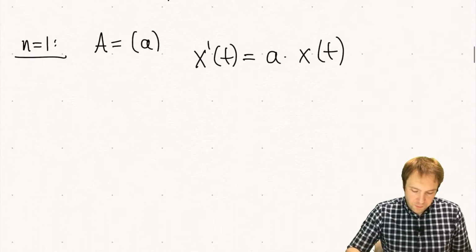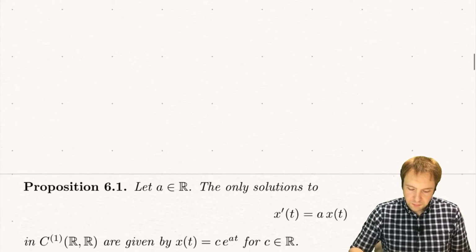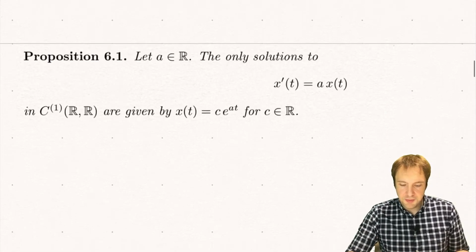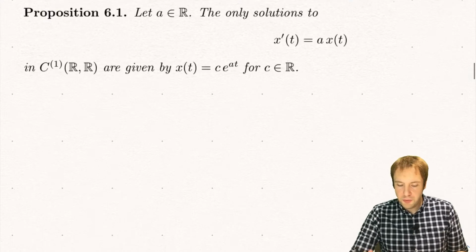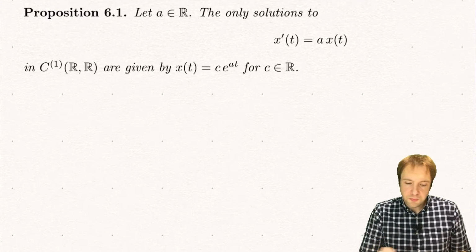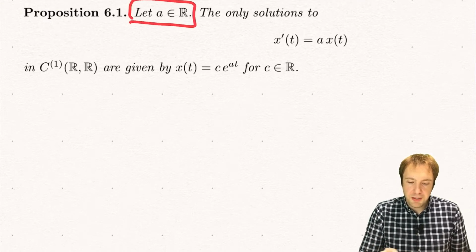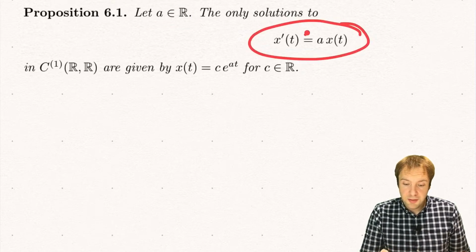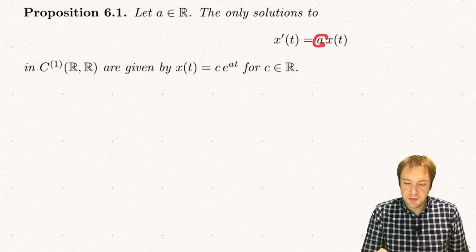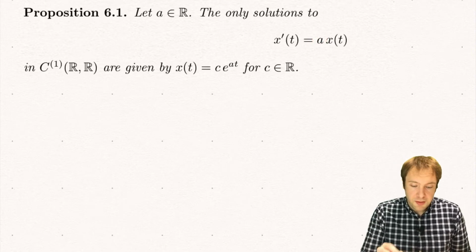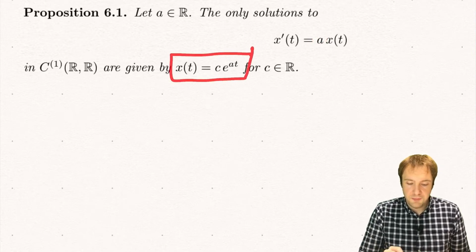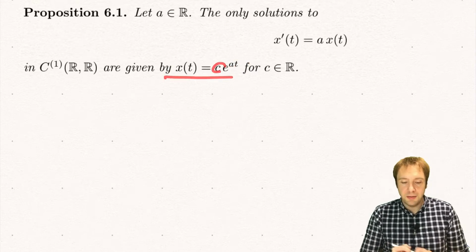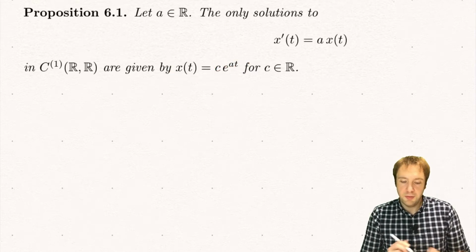And then we know from calculus that there's actually just one family of solutions for this. If I have some number a, then the only solution to this differential equation, so if I ask for a function such that the derivative of this function is just multiplying with a number, is given by e^(at), and we can also multiply this function with some number c.